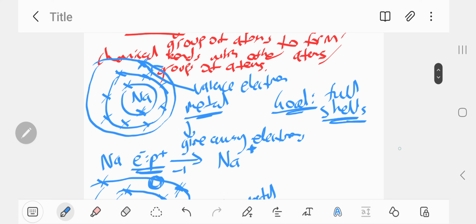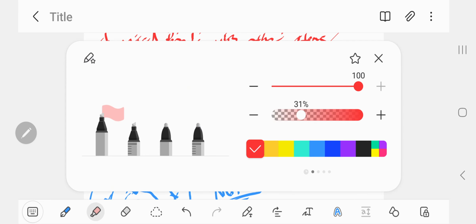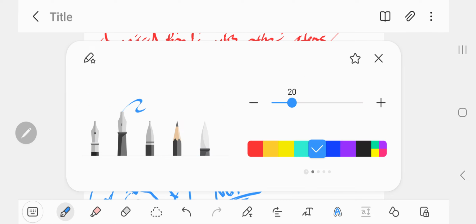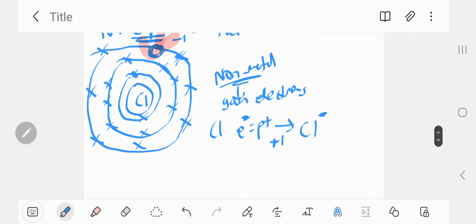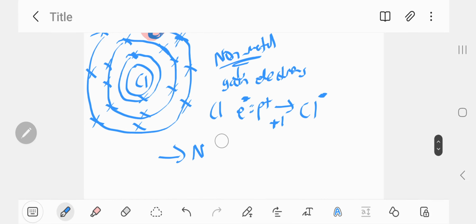This diagram is getting a bit messy, so I'll use a highlighter to emphasize my point. If the sodium gives away that electron to chlorine, you will get an ionic compound. Na plus and Cl minus give you sodium chloride, NaCl.